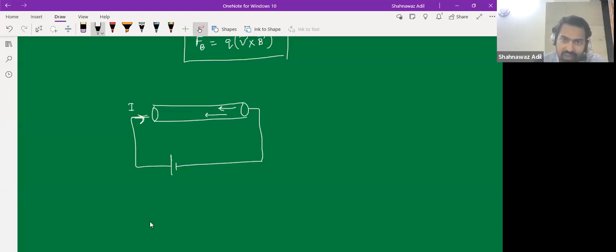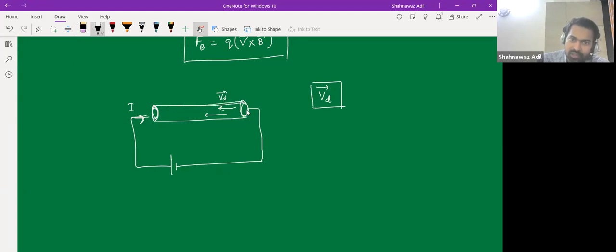Yes, drift velocity, right? Absolutely right, Aisha. So this is the velocity with which the charges move. Understood? So the charges are moving with drift velocity. Good. Now you guys tell me, we have to calculate the total charges which are flowing in this volume.